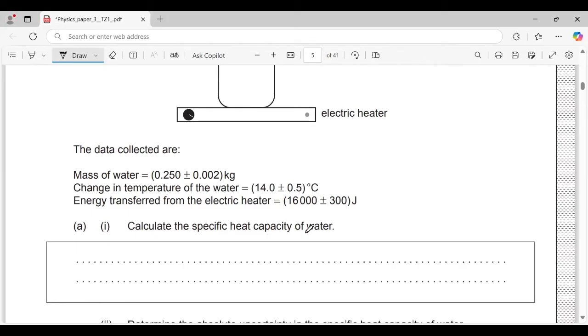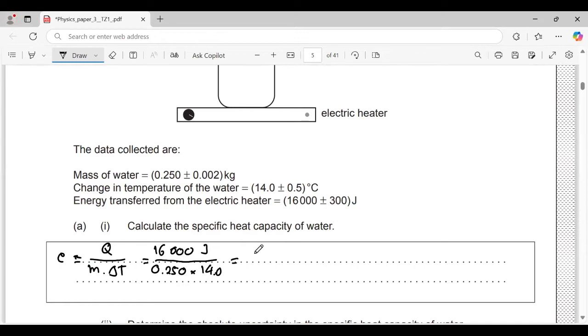Right. So the formula is C, specific heat capacity, equals Q over M times delta T. So Q is 16,000 joule over 0.250, the mass of water, multiplied by 14.0 in Celsius.